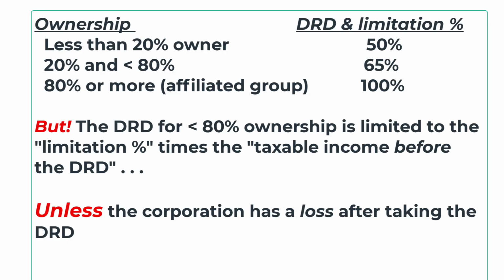If, however, the corporation is in a loss situation, or if taking the entire full tentative dividends received deduction would create a loss, then the corporation can ignore the dividends received deduction limitation and just take the full deduction. If the corporation is 80% or more owned, it's an affiliated group, and the corporation can just ignore the limitation altogether.